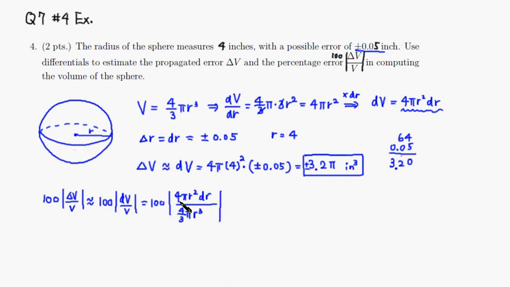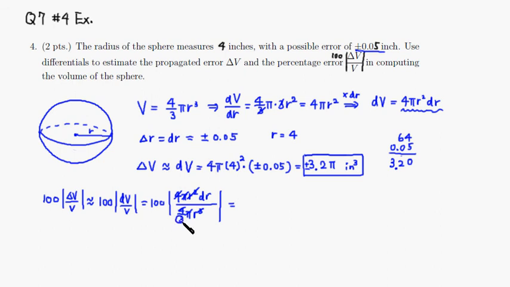So let's simplify. The 4 on top and 4 on the bottom cancel out. Pi on top and pi on the bottom cancel out. There's an r squared here and r cubed, so you're going to reduce it to just r. What's left is 1/3 in the bottom, which is equivalent to multiplying by 3.